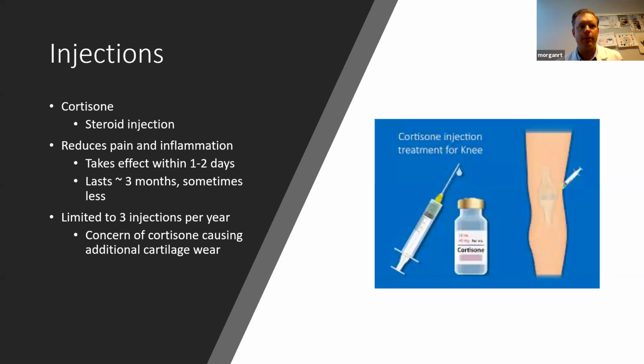But my argument is, were these people having less pain for those 2 years, and were they more active? And that's what caused the cartilage to wear an additional millimeter. And is that millimeter of wear even clinically meaningful? I think that cortisone is very safe, and if used properly, is a good way to manage knee arthritis symptoms.